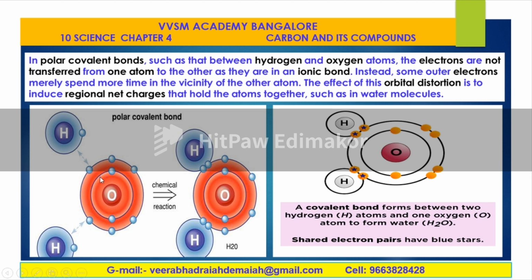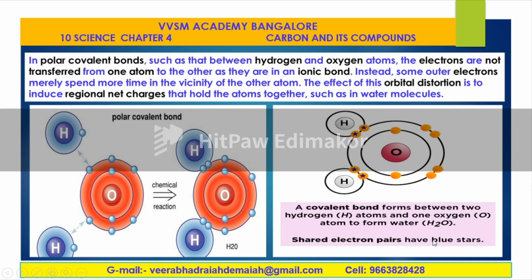Here, hydrogen and oxygen. Here, this is the chemical reaction. Then a polar covalent bond is established. Polar covalent bond. That means H plus ion. Here, hydrogen has a partial charge, delta plus, and oxygen, delta minus. This is the covalent bond formed between two hydrogen atoms and one oxygen atom to form a water molecule.